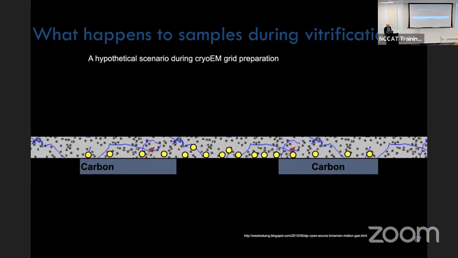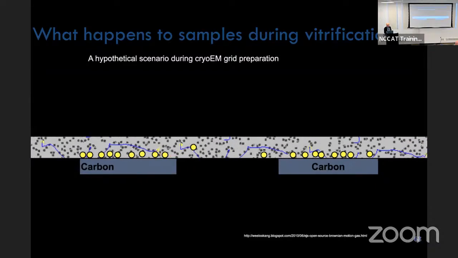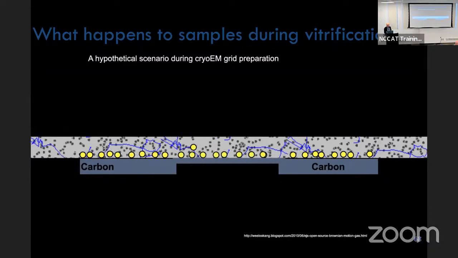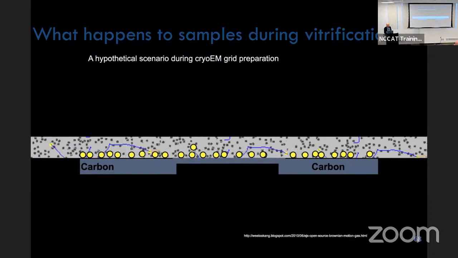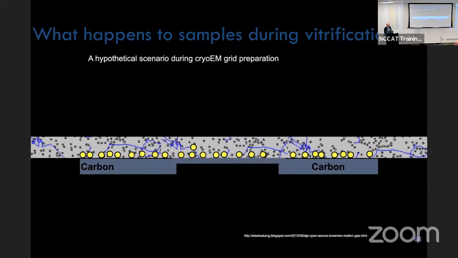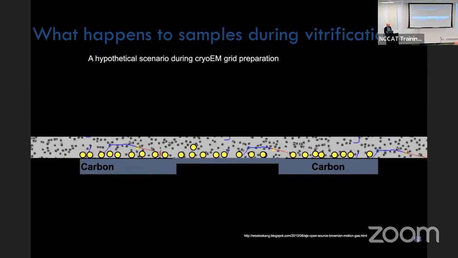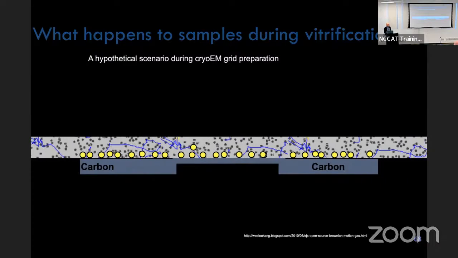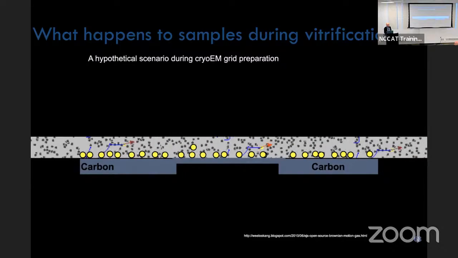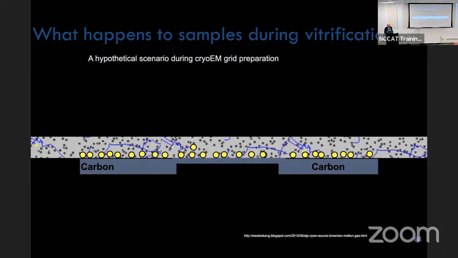And you might say, if you blot away or you protect an interface, then that might help, because it's been shown that when a macromolecule hits an air-water interface, there can be denaturation or interaction such that you have preferred orientation.